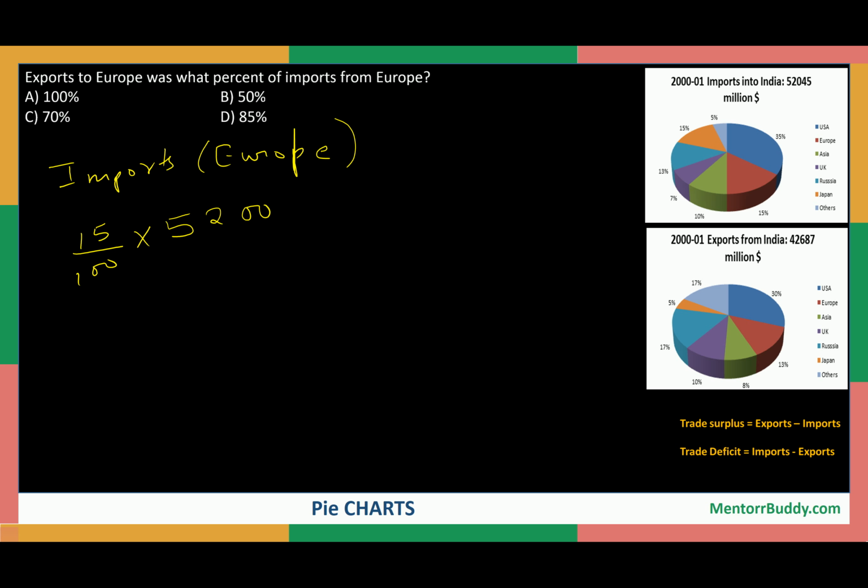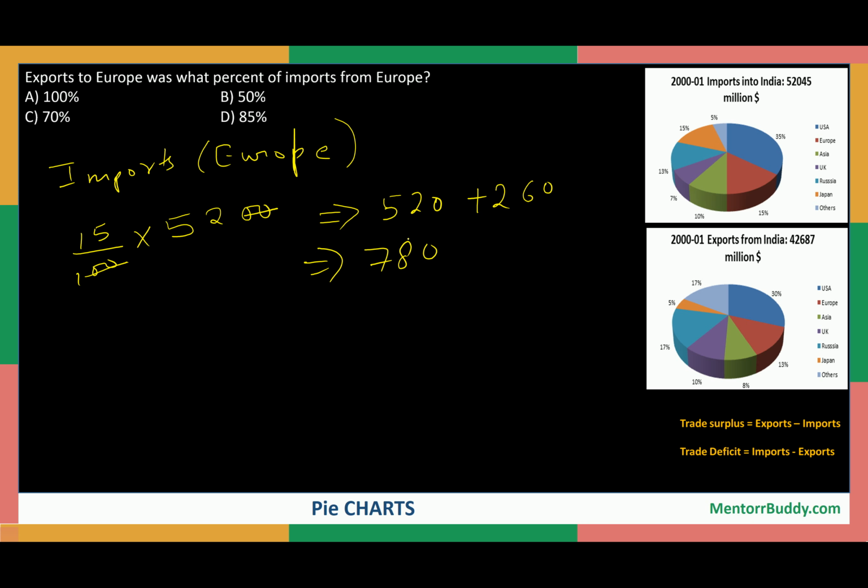So it will become 52 into 15, that is 52 into 10 is 520 plus 52 into 5 is 260, right? So we need to add these two values. It will become 780.